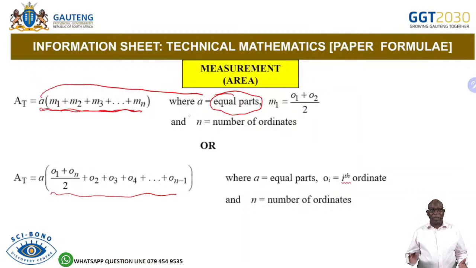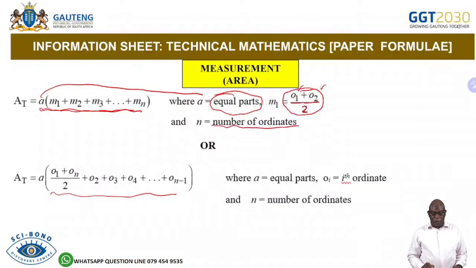And you need to understand that it must be divided into the parts. You will see when we do the question there also. The M1 and M2 and all that are the 2 parts which are O1 and O2 divided by 2. So you see also when we do that question at the end.